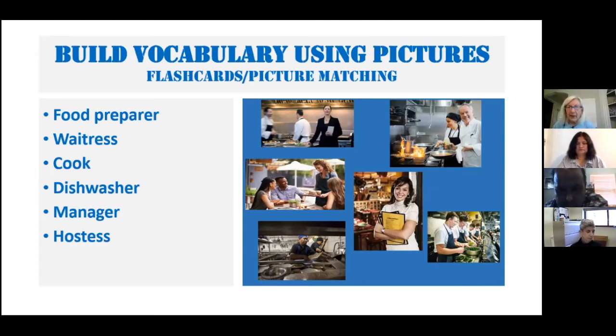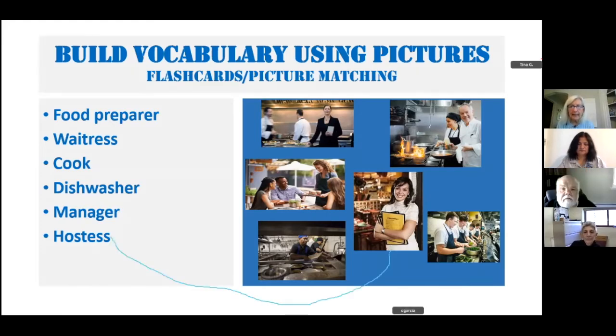So let's see how your skills are. Can you guys figure out how to use the annotation tools and maybe use a line or whatever you want to match up the word with the picture? If you go to the top of your screen where it says view options, you should see annotate.